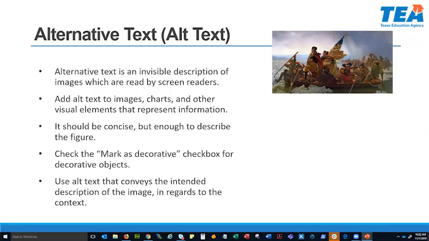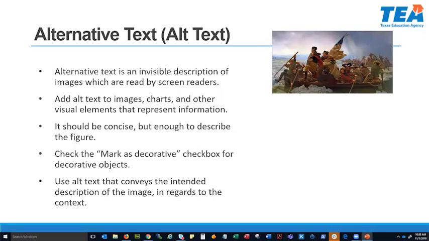Most of the time when you see a picture, if it's related to the content, you've got to make sure that the information from that alt text is conveying what it's trying to convey, right?